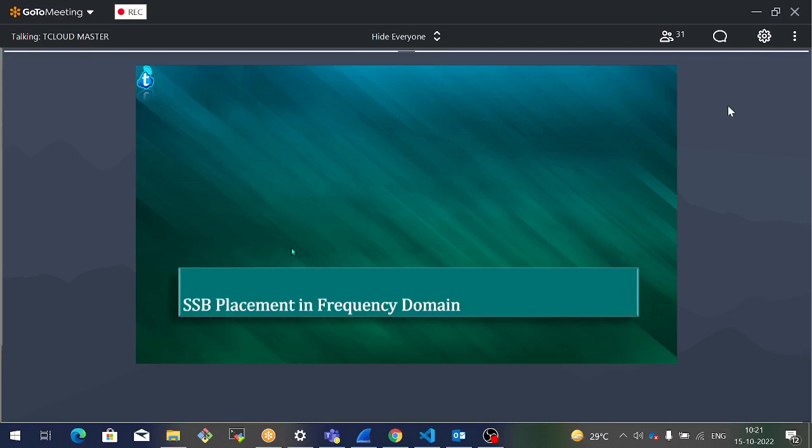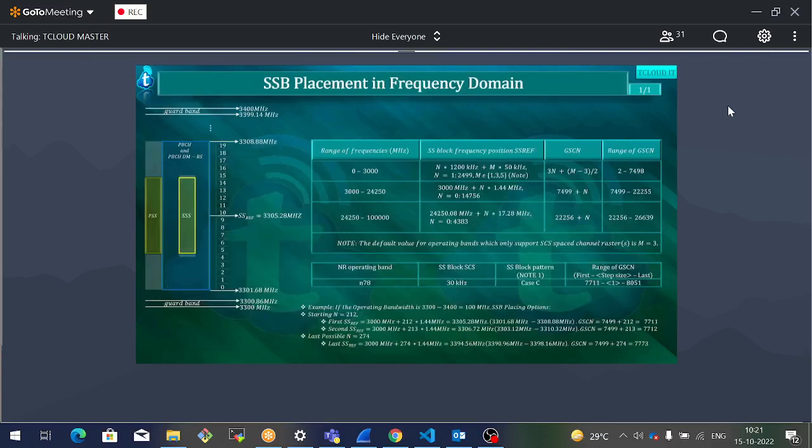Now, where do we place this SSB in the frequency domain, in your subcarrier positions? For that also, 3GPP came up with a standardization. Your SSB middle part is called SSREF. This SSREF should be placed exactly at a location suggested by this particular table.